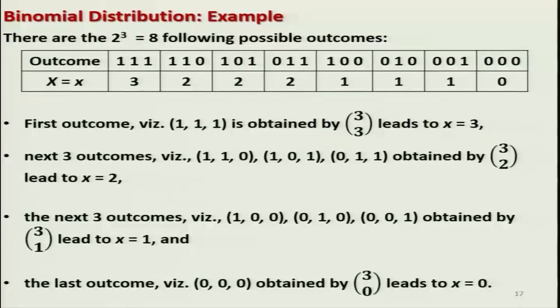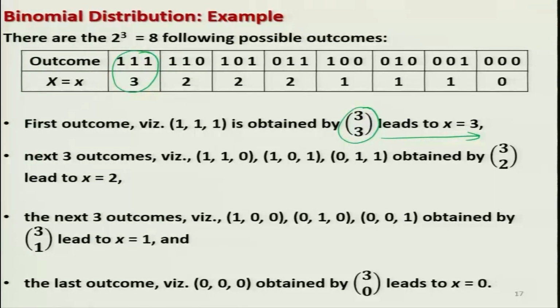And now, let me try to give you some details of this computation. For example, if you can see here in the first outcome there are 3 possible tails, right. So this number 111 is obtained by the computation 3 choose 3, that is leading to X equal to 3, right. You are not observing it, but you are trying to say that in the 3 trials there are 3 tails.